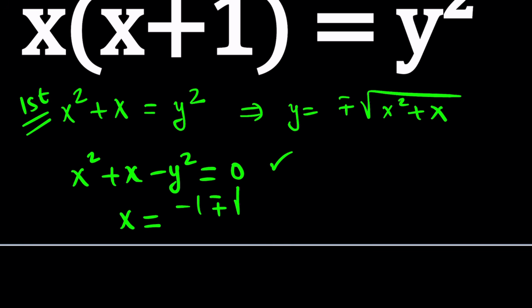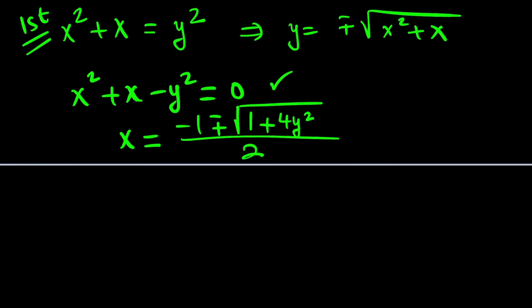So this is quadratic in x. A is 1, c is negative y squared, so we're going to have to change this to a plus sign, and that'll be y squared. And then, of course, you have to divide it by 2a, which is just 2 because a is equal to 1. Make sense? Clear enough?